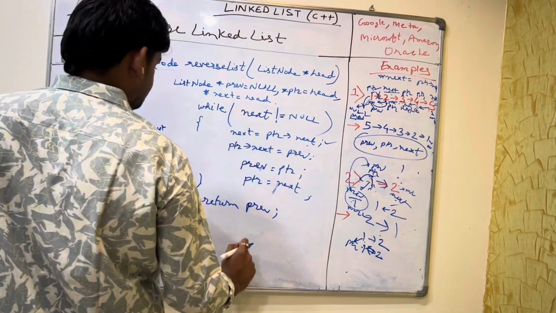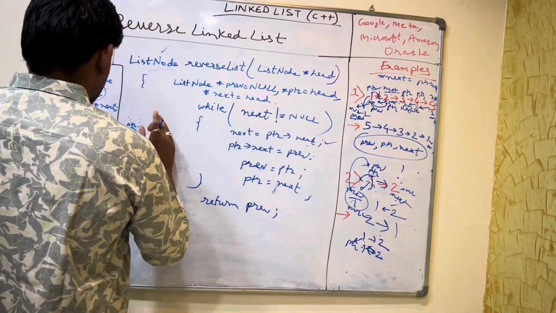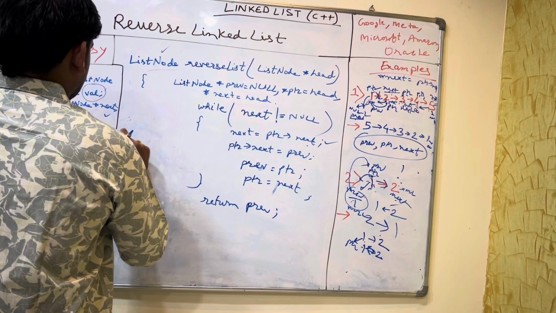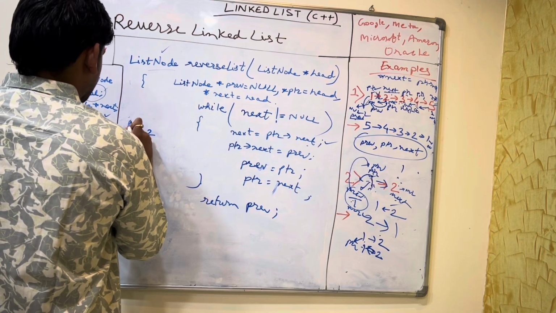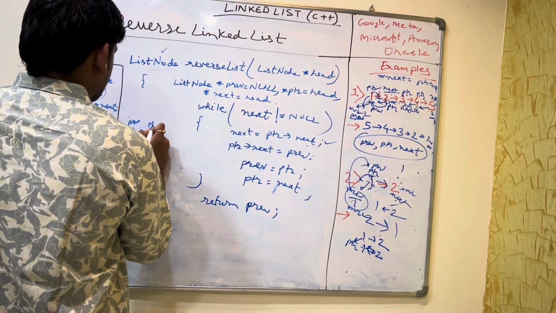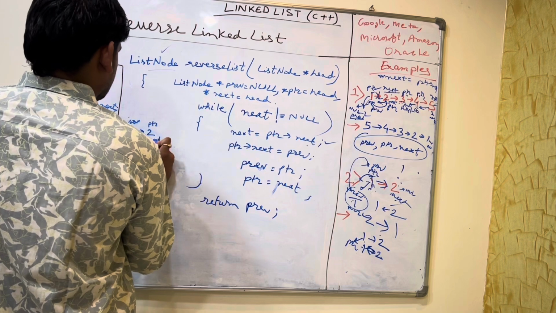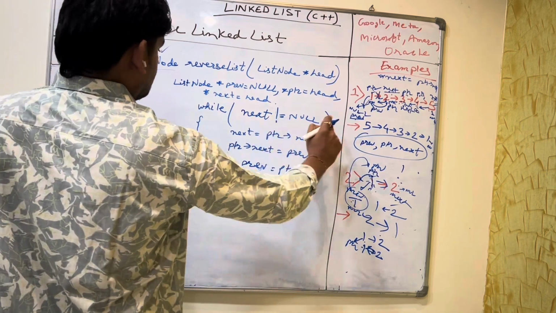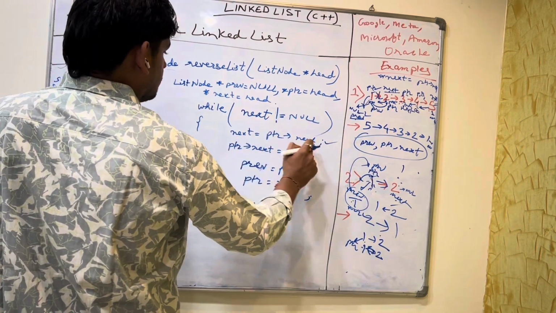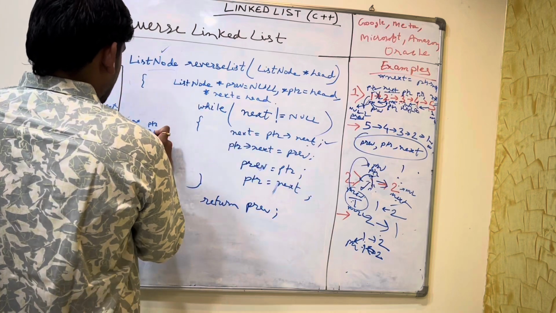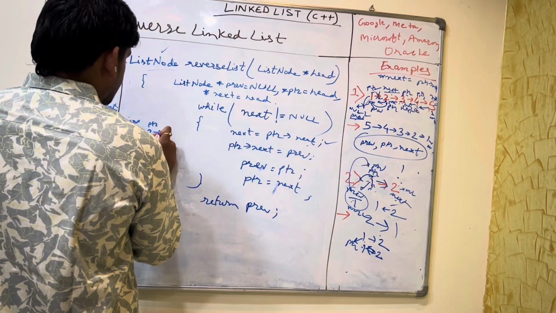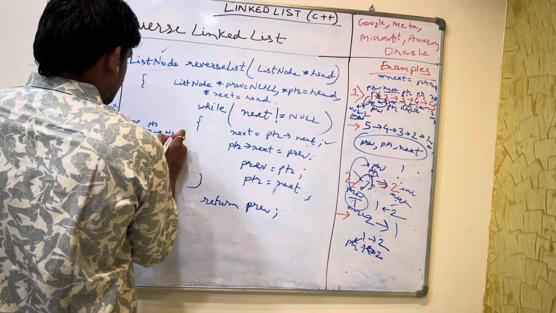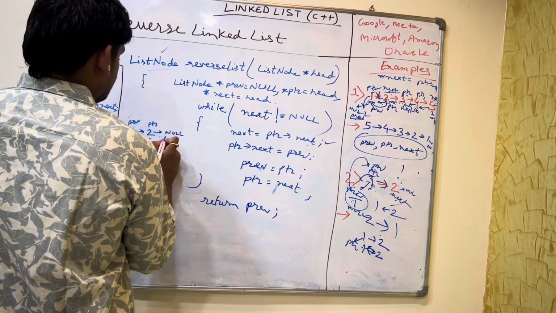So after the first round, in this 1 and 2, this is previous, this is PTR, and this is next. Okay, but next is not equal to null, so next becomes PTR's next. And what is PTR's next? PTR's next is null, so next becomes null now.